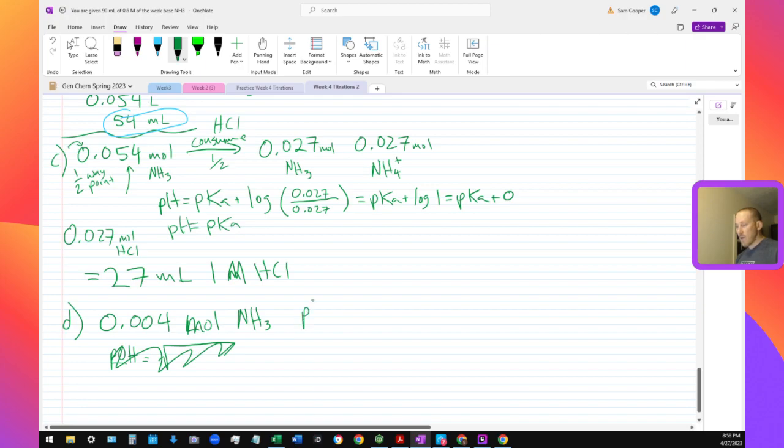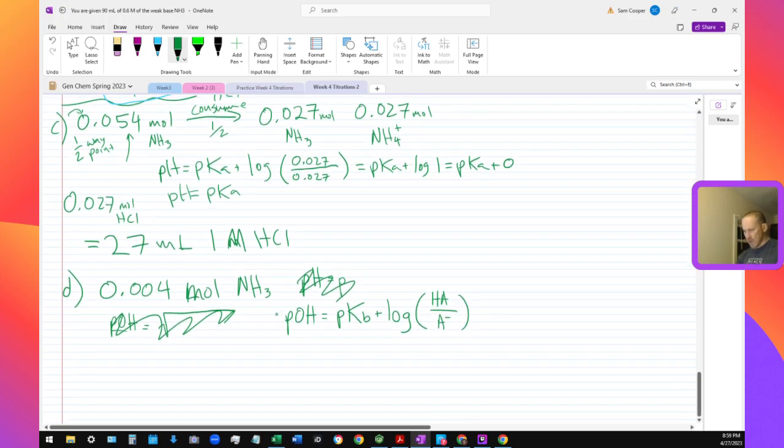So now, since we're talking in base, and that's what I know, I'm going to say the pOH equals the pKb, which we have, plus the log of the ratio. Since it's always products over reactants, we're now talking about a base dissociation. It's going to be like that. But we're just going to subtract this from 14 later.